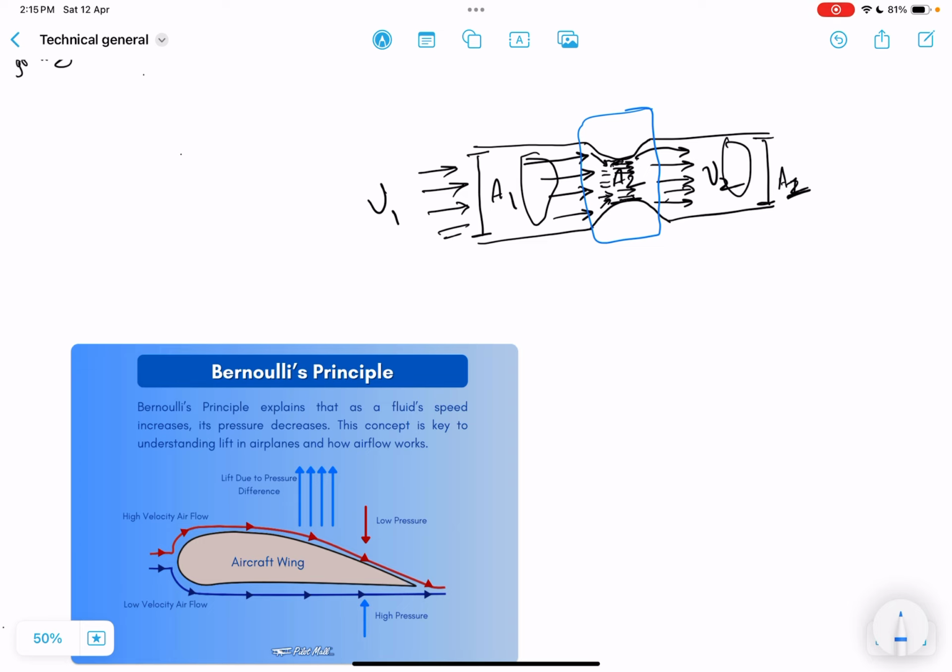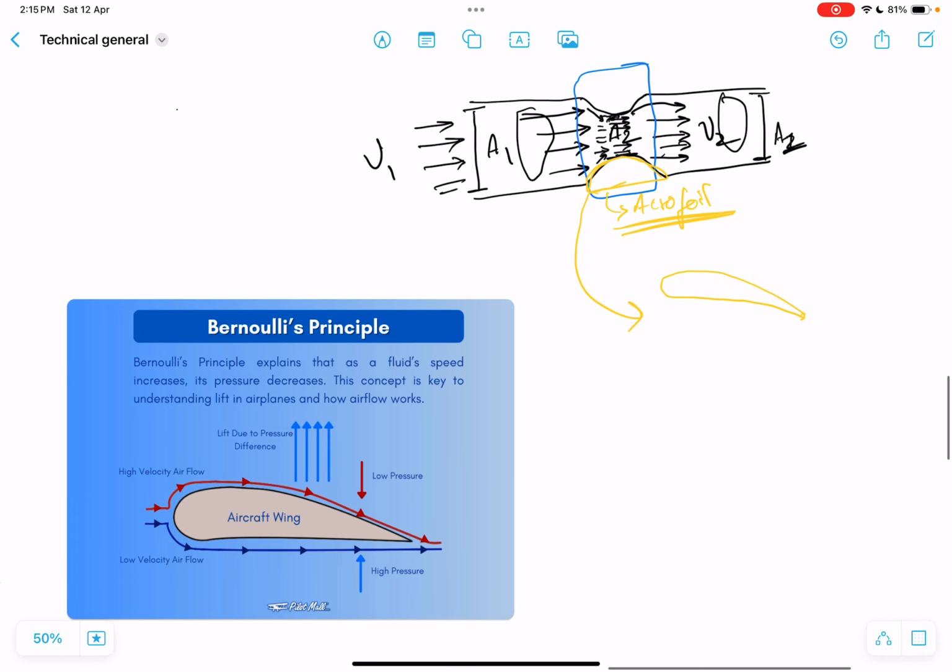This is what we take advantage of. If you look closely, this area is what an aerofoil is. You see the resemblance. If you enlarge this and curve it a bit, it's the same, and that's what we do.